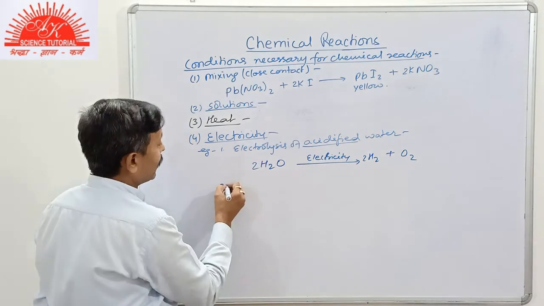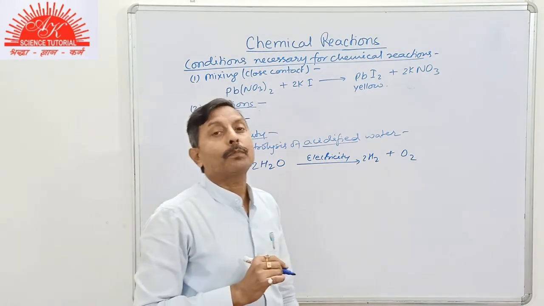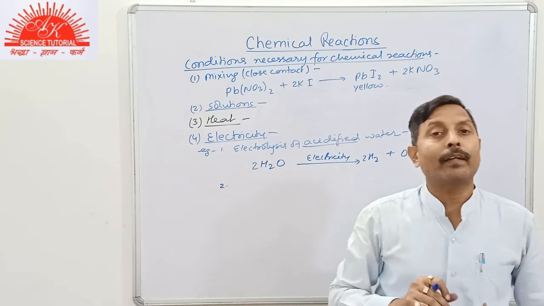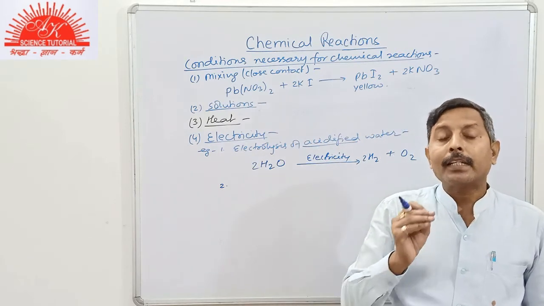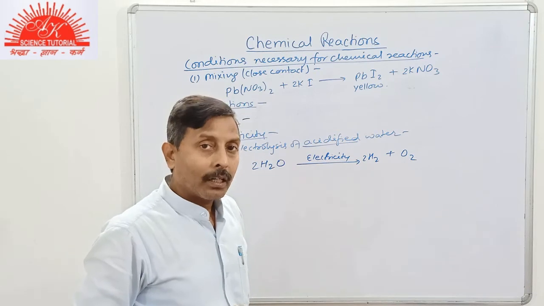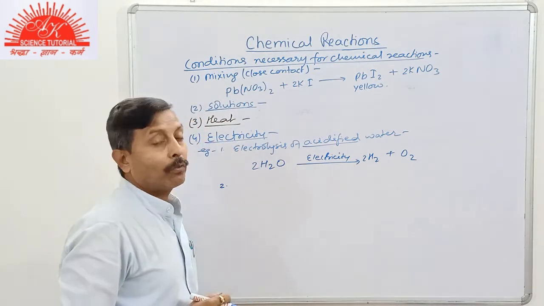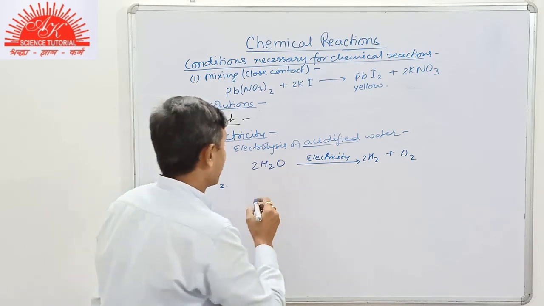Similarly, suppose we take another example. When electric current is passed through molten sodium chloride, it decomposes to form sodium and chlorine. Otherwise, this reaction, the decomposition of sodium chloride, will not take place in normal conditions.